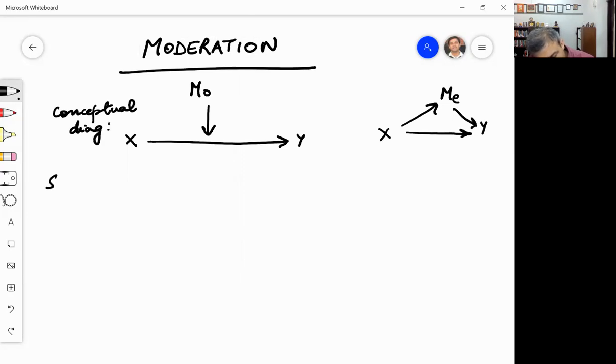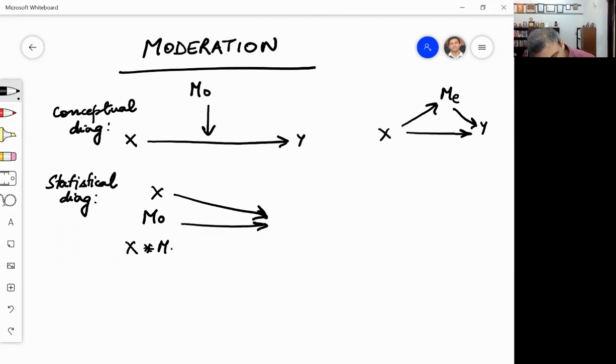The statistical diagram translates to: you have X, the moderator, and X into the moderator. This becomes your model. And so when you write, we can call these beta 1, beta 2, and beta 3.